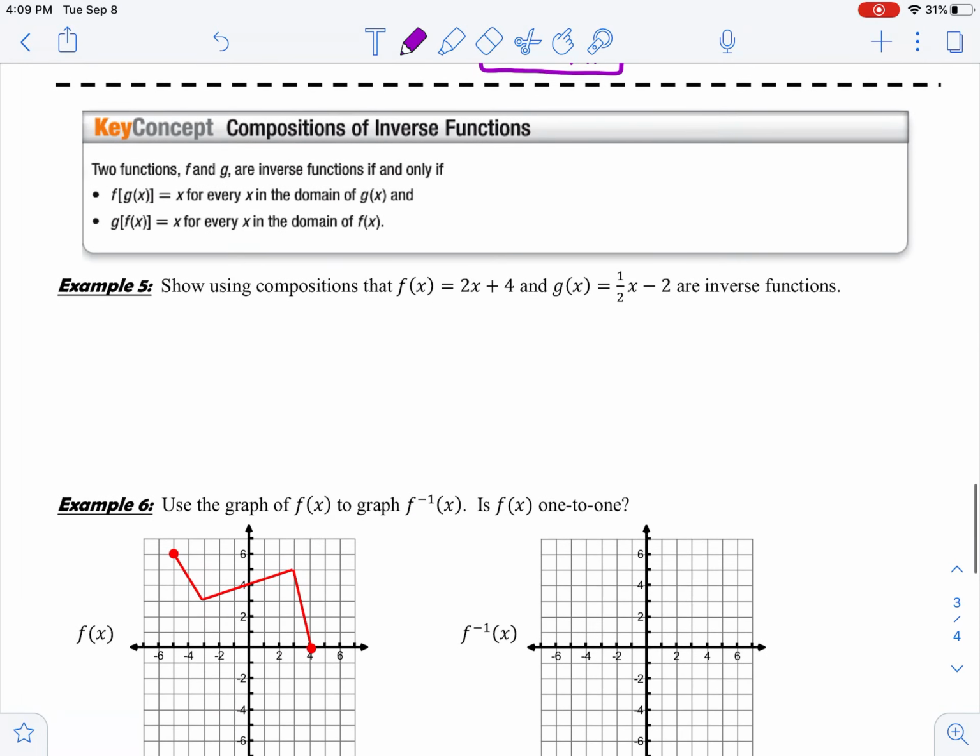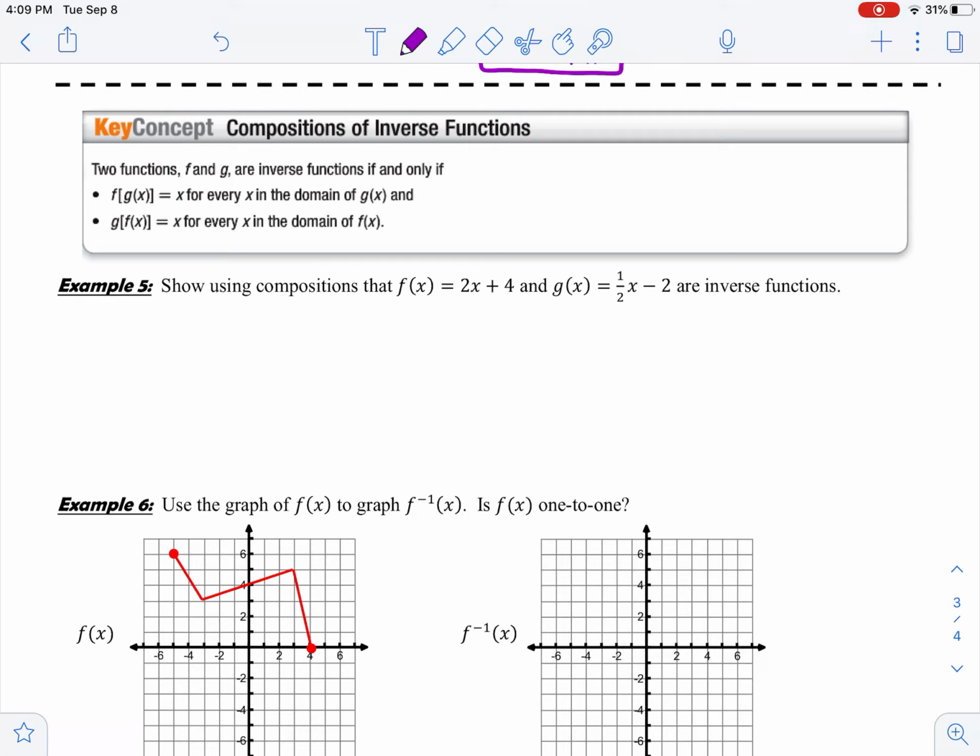Okay, so last topic for today is show using compositions that f of x equals 2x plus 4 and g of x equals 1/2 x minus 2 are inverses. So really important right here.